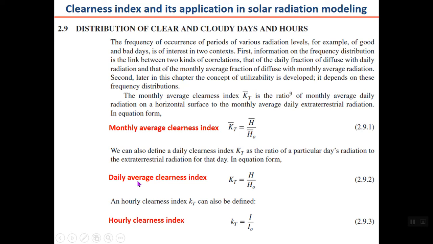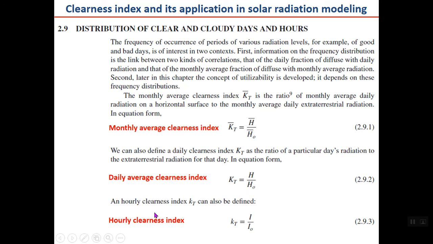The other type of Clearness Index is the daily average Clearness Index. Daily average Clearness Index is defined for any specific day of the month. So here, as you can see, there is no bar over H0 and KT, and here H is the daily terrestrial radiation on the Earth, and H0 is daily extraterrestrial radiation on the Earth for any specific day.